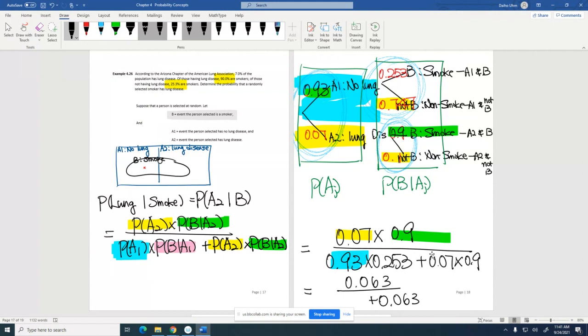And can you take another multiplication, 0.93 times 0.253? 0.235.